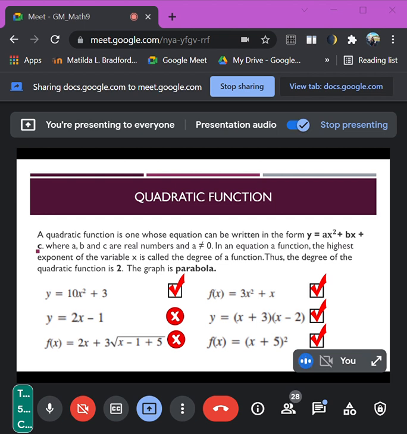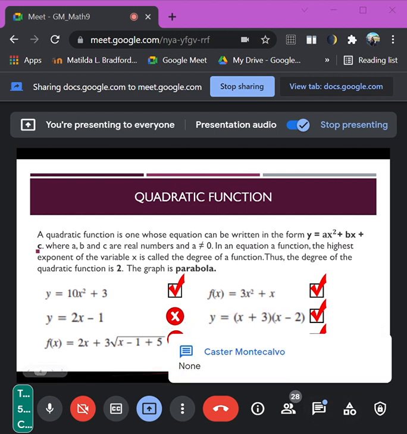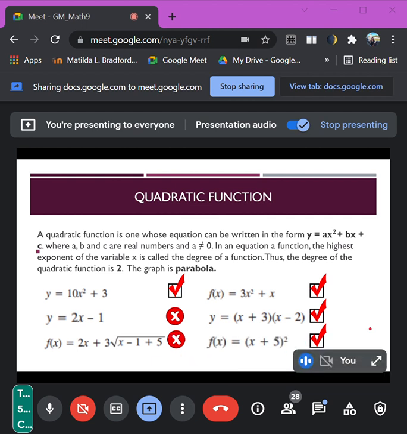Okay? So far, do you have any questions about our equations? Identifying quadratic functions using the equation. Okay, none. So this time, class, sa itong mga representations, pwede na nato ma-identify kung function siya.